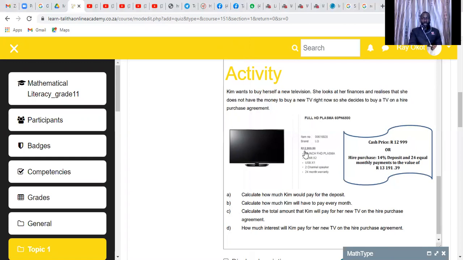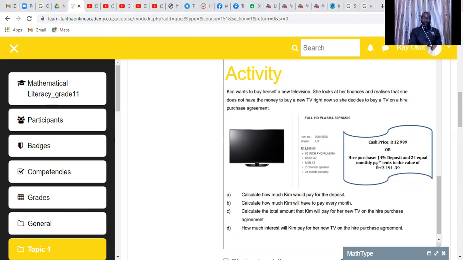The cash price is 12,999. This is the cash price. If you're paying by installment the way Kim wants to pay, then the method is called hire purchase, in which case you pay 14% deposit and then 24 equal monthly payments to the value of this.